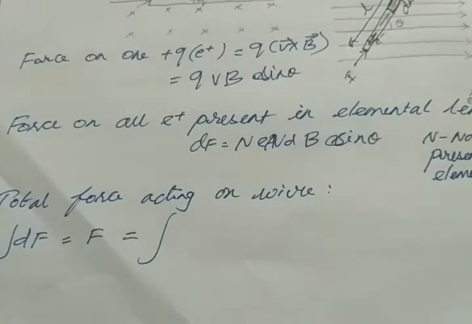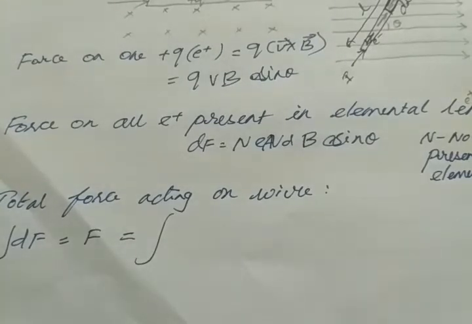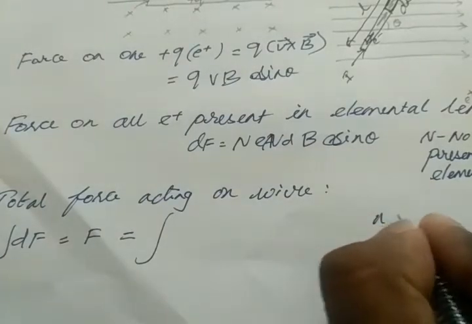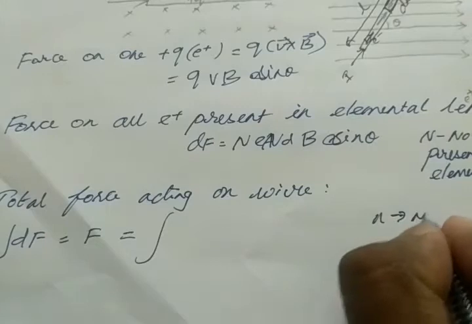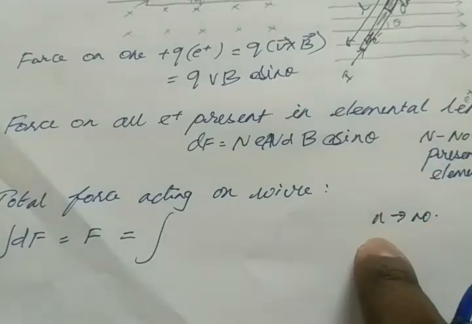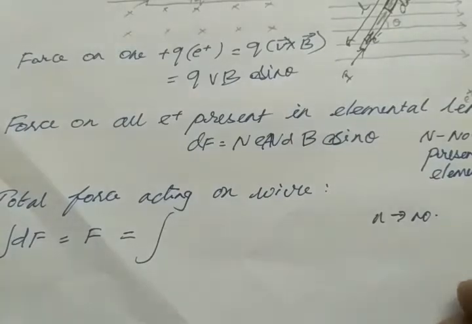Then what will be the charges present in the whole length of the wire? For that we take the number density formula, small n. What is small n? Number of electrons. We already studied small n in solenoid and toroid. The solenoid formula is B equal to mu naught n i. What is small n? Small n is nothing but capital N by L, right?